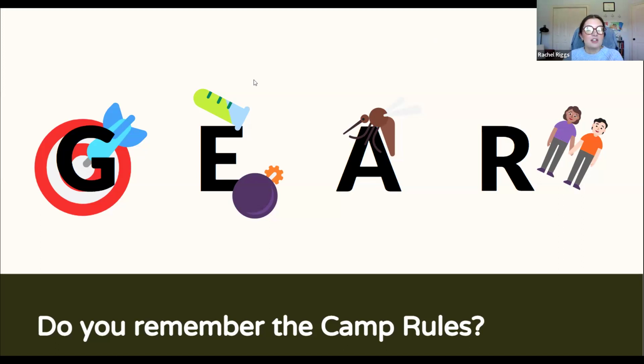So, translation of these different camp rules. Goals before tools: thinking about learners' needs and the learning goals, and then choosing tools that can support those goals. Experiment and have fun is all about being willing to break out of our comfort zone with technology and experiment and tinker without worrying about messing anything up too much.